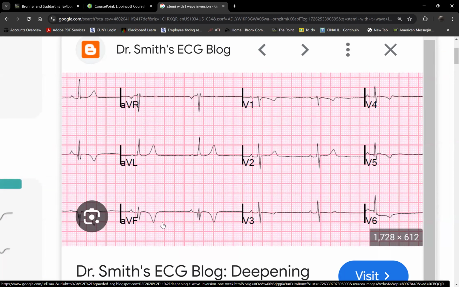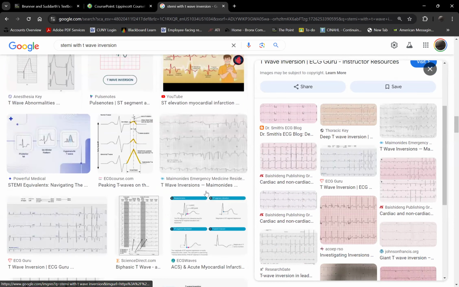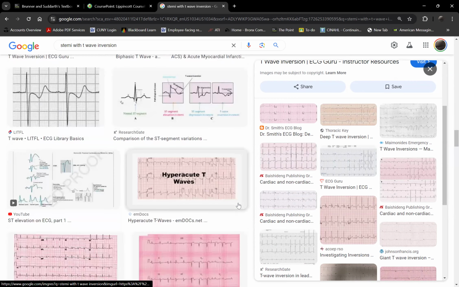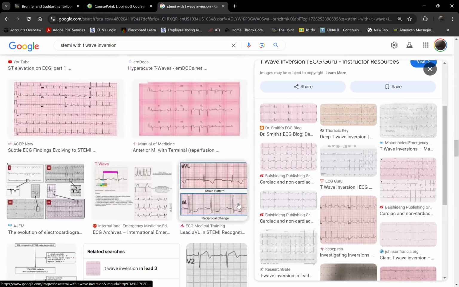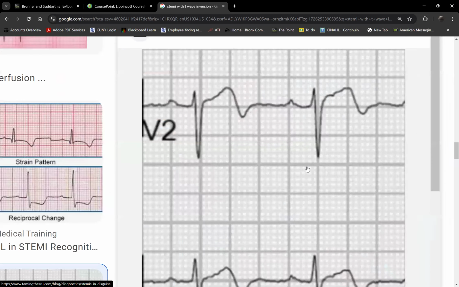The T wave usually doesn't disappear, so it's permanently there. Here you have T wave inversion. ST elevation with T wave inversion in this.